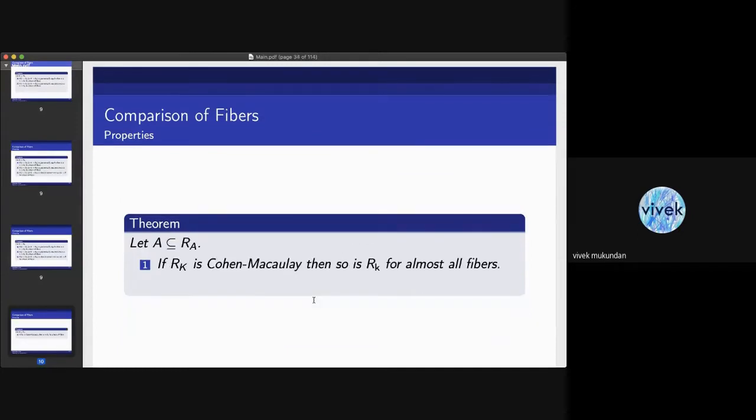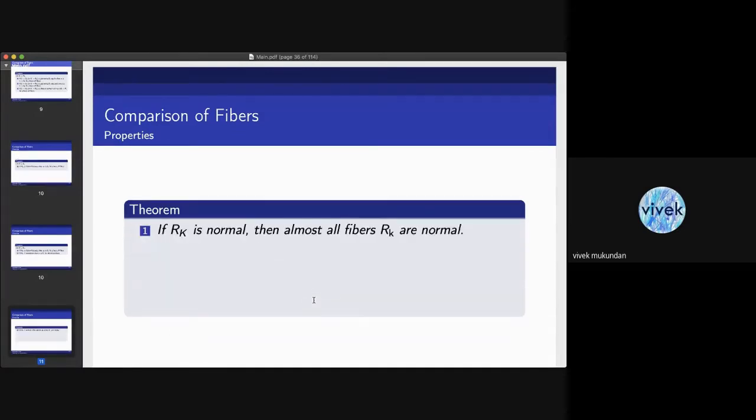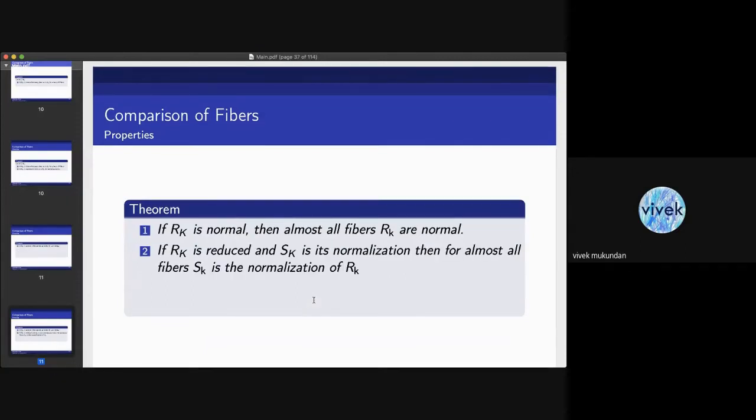Okay, so if the ring is Cohen-Macaulay, then it goes down to the fibers for almost all fibers. The ring property of being Gorenstein can also be descended down to the fibers for almost all fibers. And the ring being normal also gets passed over to the fibers for almost all fibers. If the ring is reduced and S is its normalization, then for almost all fibers, S_K is the normalization of R_K.